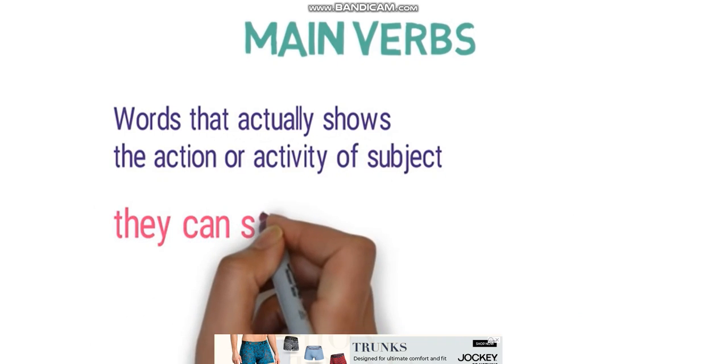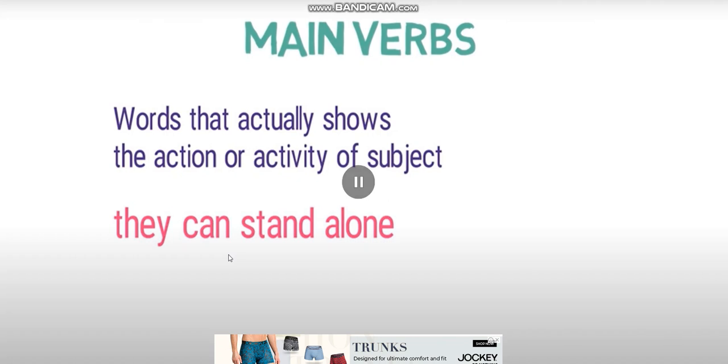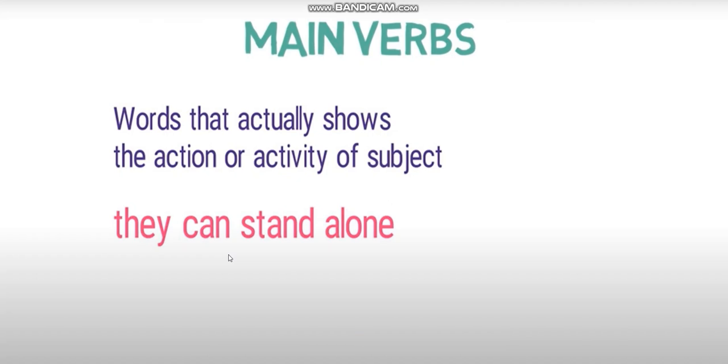They can stand alone without the help of any other verbs. Basically they can be used alone because they show the activity of the subject. I hope it is very clear to you all.